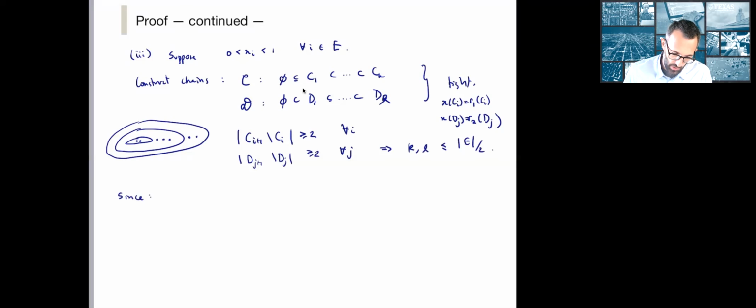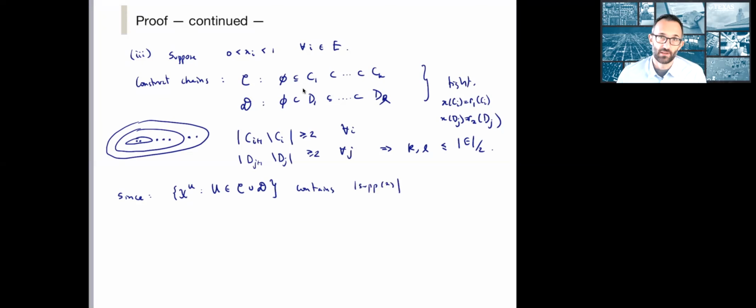So we know by lemma 3 that the set Chi U, where U is any one of the C's or any one of the D's, we know how many independent vectors this contains. So this contains support of x independent vectors.